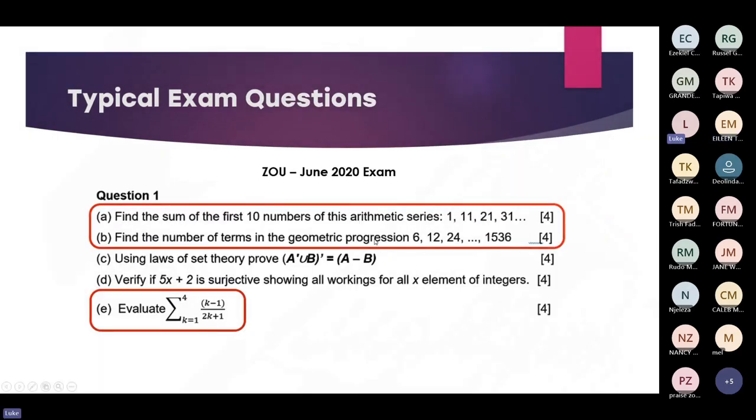The question is saying the geometric progression has got 6, 12, 24, up to 1,536. So what we are supposed to find is how many numbers are in this geometric sequence.